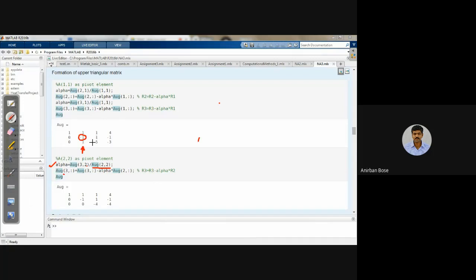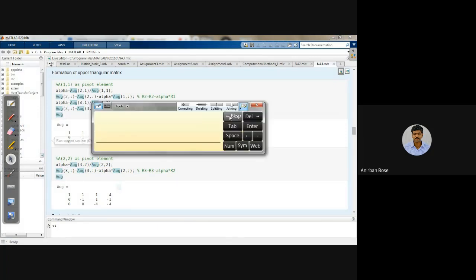And what will be the operation? Your operation will be on the third row, all the columns, because when you consider this as the pivot element, the row operations will be on the rows below that particular row. So the third row of the augmented matrix becomes the third row minus alpha times the second row, whatever the values are. If you do that, finally you will reach this particular situation of the matrix.